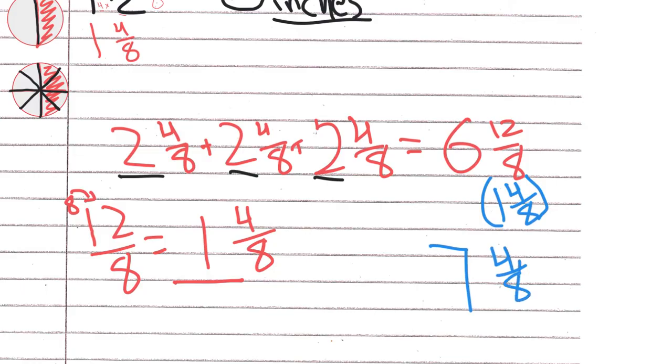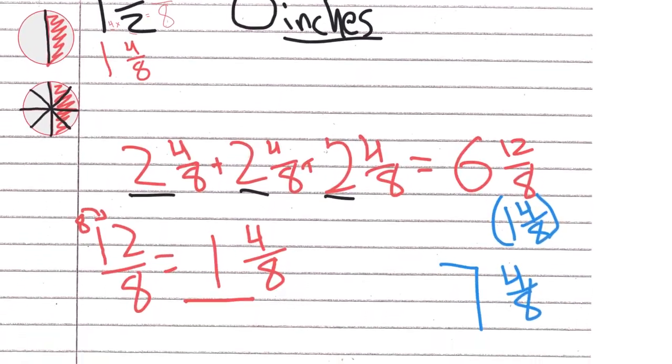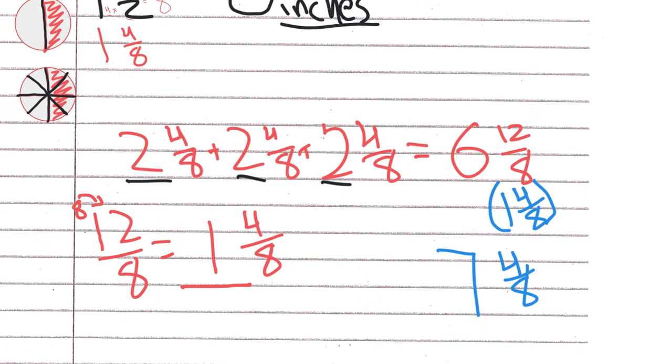So the answer, if I stacked the 3 x's, the ones here on the number line, and I added them together, I would end up with 7 4/8. And you could write units on that as well too.